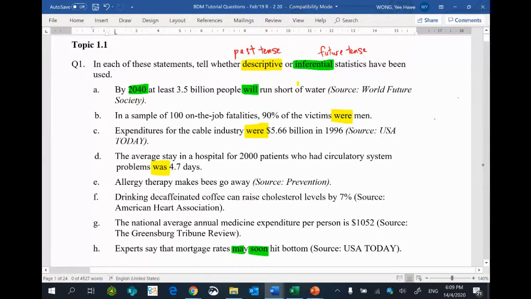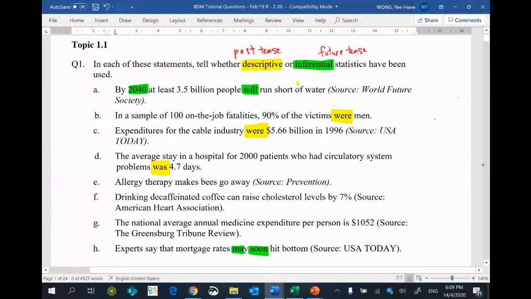So by 2040, at least 3.5 billion people will run short of water. An expert says that the mortgage rate may soon hit bottom. How much? Don't know. So a characteristic of inferential statistics is that sometimes they are quite clear. For example, it says 2040, quite specific, at least 3.5 billion people, and run short of water.